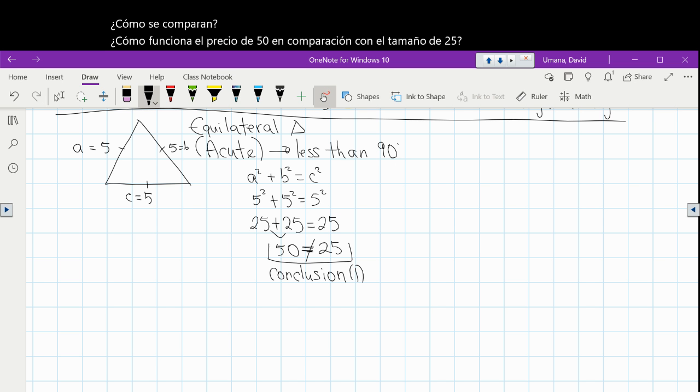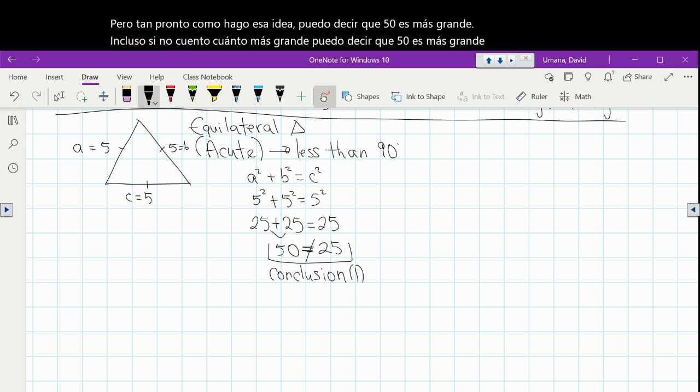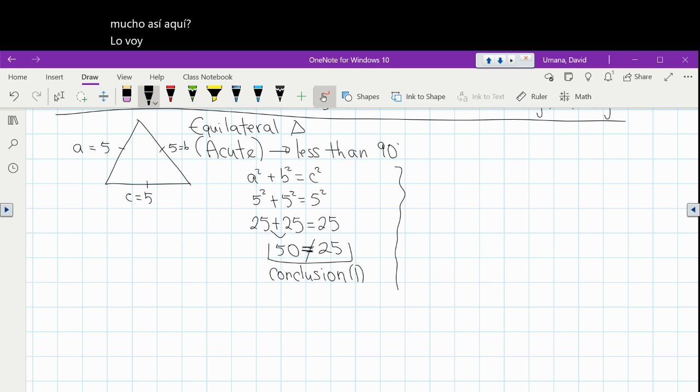But they're not equal, so what can I say instead? It's twice as big, right? But as soon as I make that idea, then I can say that 50 is bigger. Even if I don't count how much bigger, I can say 50 is bigger than 25. So this one is bigger than this one. So here, I'm going to make conclusion number 2.